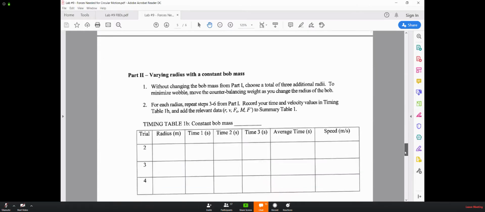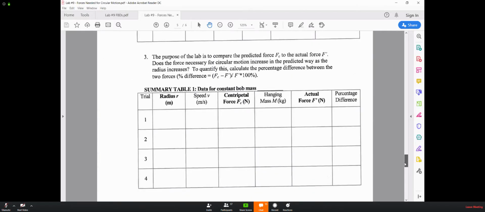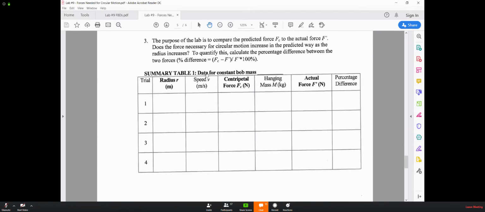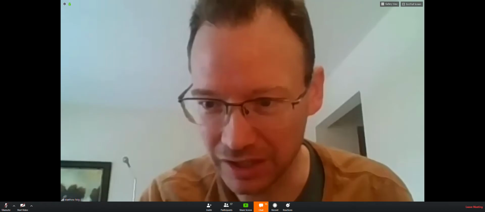And then in the next table, the summary table, I have a radius, 0.168 meters. I have a speed, which I just said is 1.47, or 1.471 meters per second.